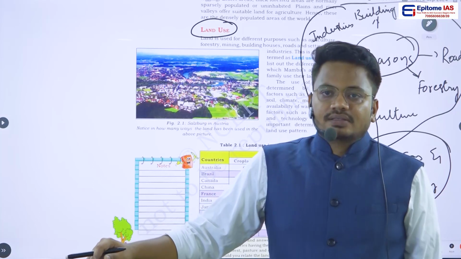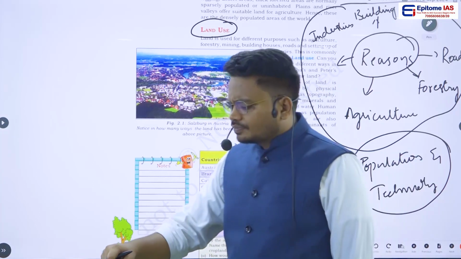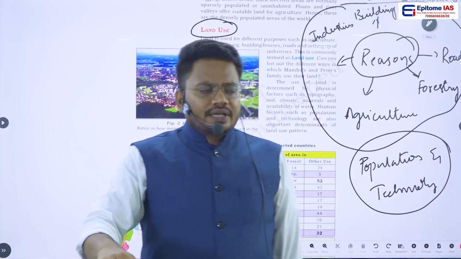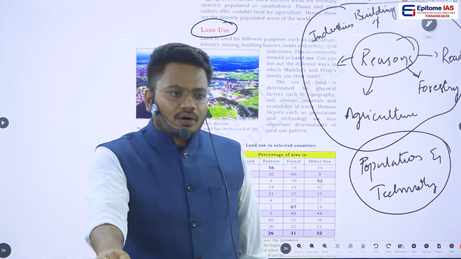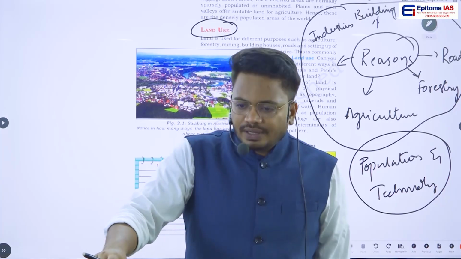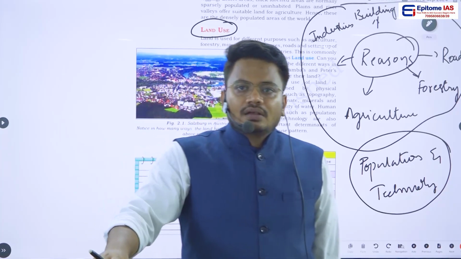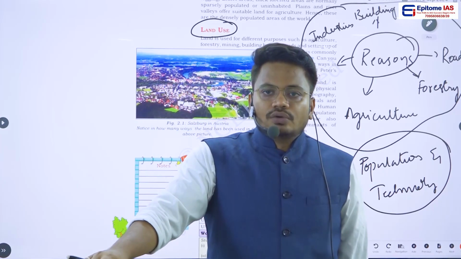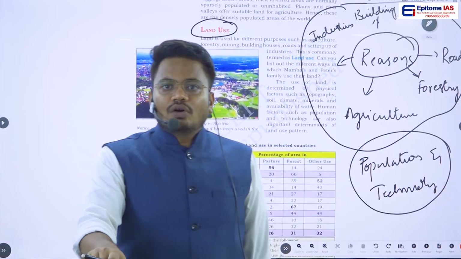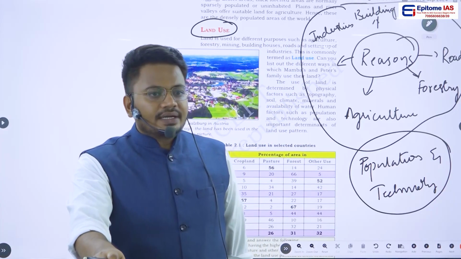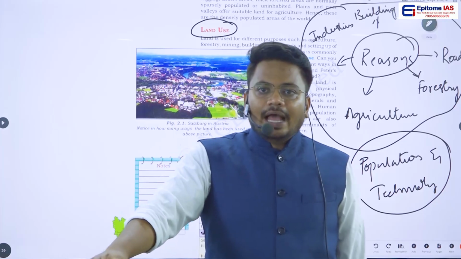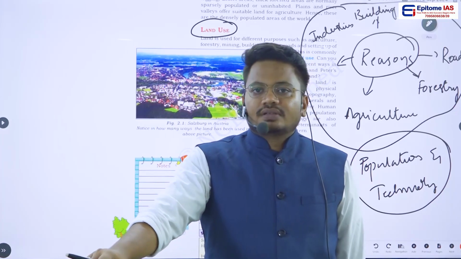usage of land. If you see in olden days, the majority of the area was covered with forests, but because of the discovery of iron, using iron tools, people started felling the trees and spreading their habitation into the forests.